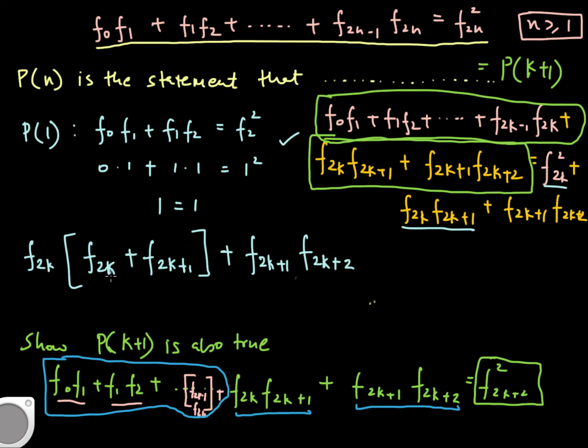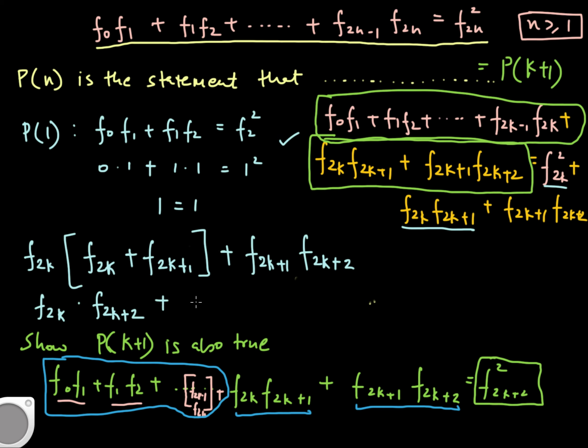Now what is f of 2k plus f of 2k plus 1? Well, as per the binary recursion of Fibonacci numbers, if I take the 2k plus 1 Fibonacci number and add it to the 2k Fibonacci number, what that gives me is f of 2k plus 2 Fibonacci number.